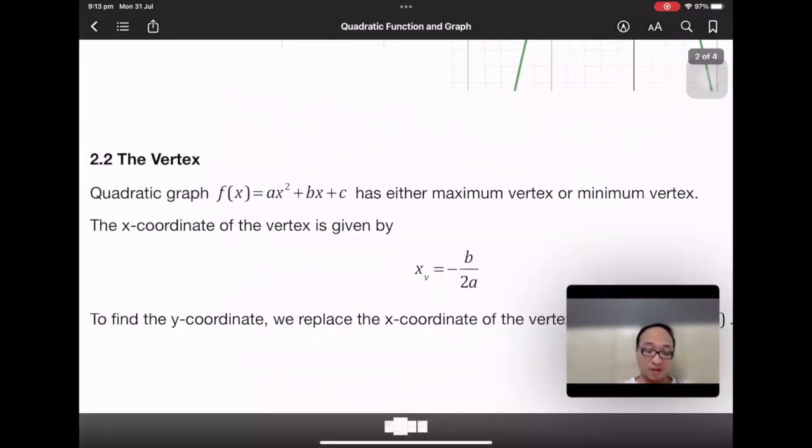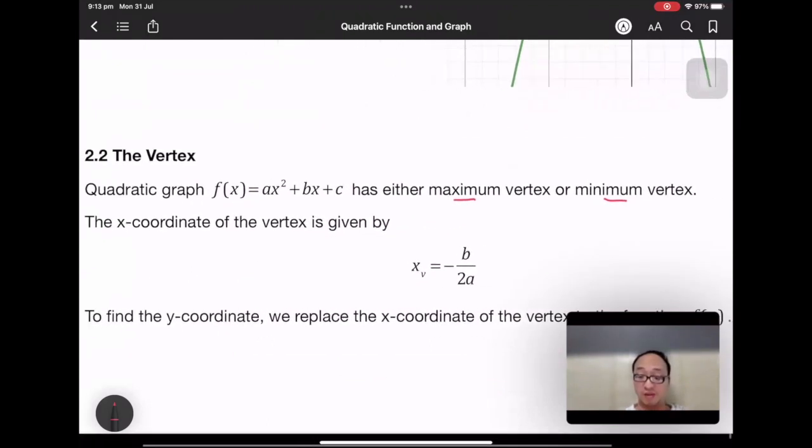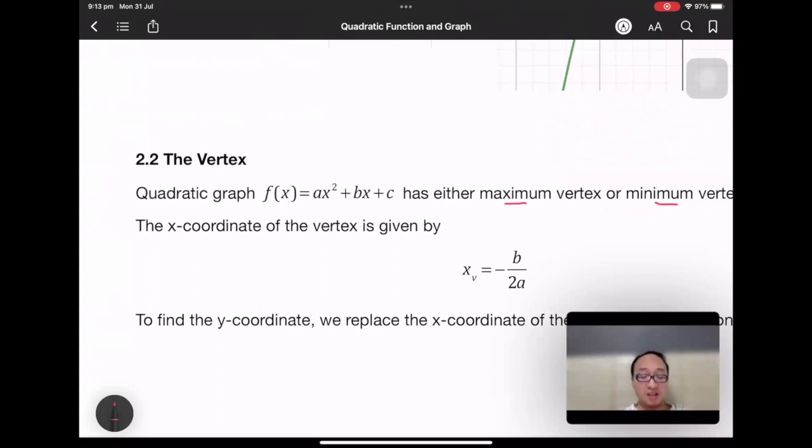Now, how do we find the coordinate of the vertex? The quadratic graph of f(x) equals ax squared plus bx plus c has either a maximum vertex or a minimum vertex, as we saw before. The x coordinate of the vertex is given by this formula: x_v equals minus b over 2a.